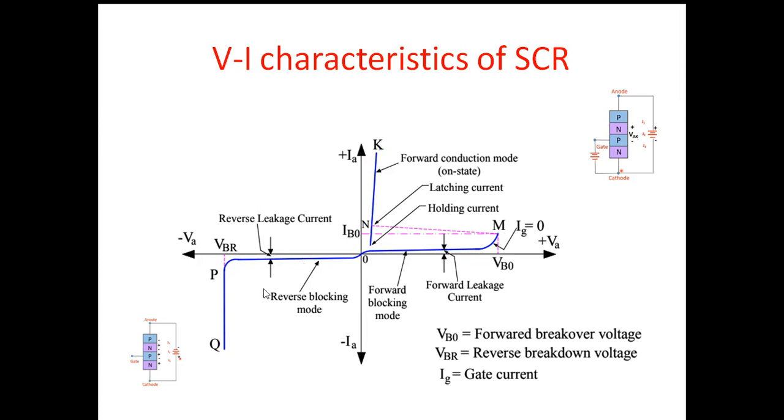As the reverse voltage increases further, at a certain point the junctions J1 and J3 break down and conduction takes place. The voltage at which the device breaks down is called the reverse breakdown voltage. So these are the VI characteristics of the SCR.